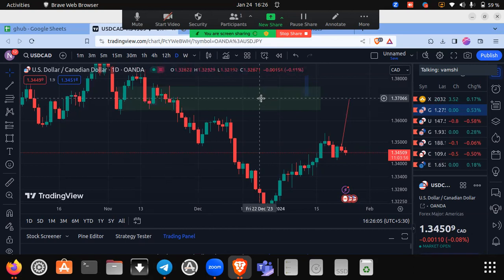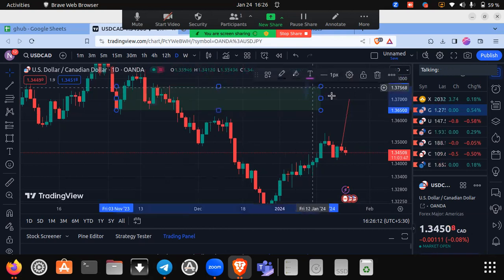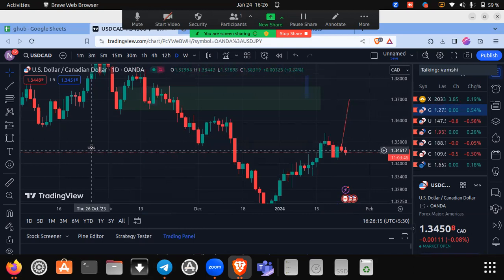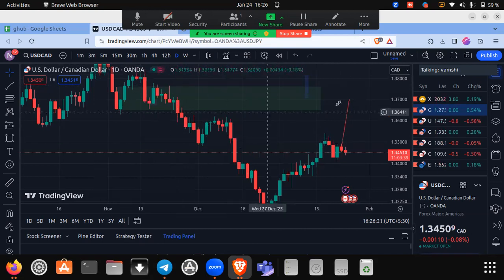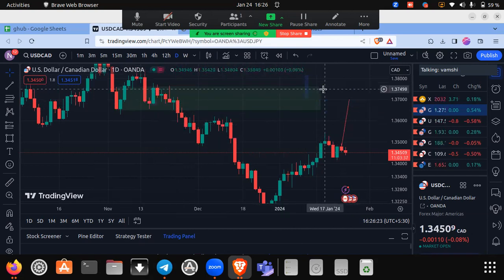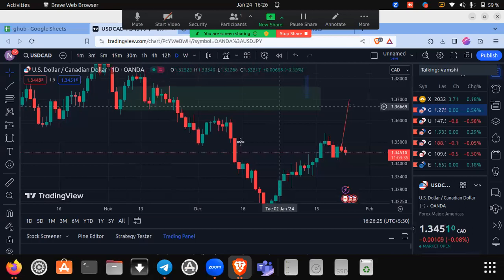We no longer will use this zone for selling. It becomes a hidden buy, but we will learn about hidden buy in next classes. For now, you should understand that the green candle should not close above the zone. As long as the green candle does not close above the zone, it is valid for selling.